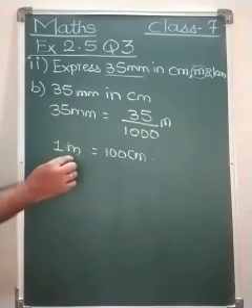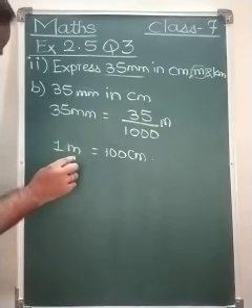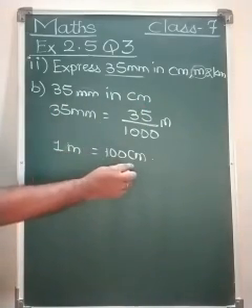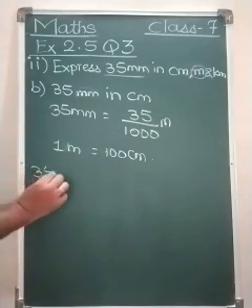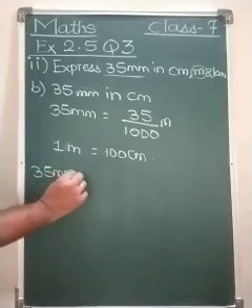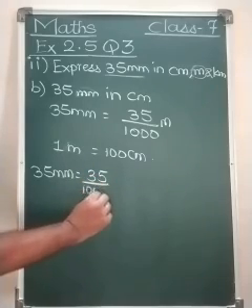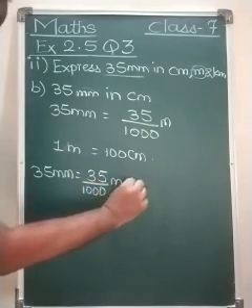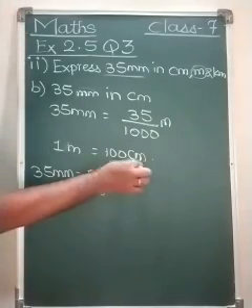Now we are going from, though it is millimeters to centimeters, but now we are going from meters to centimeter. Okay, so again we will write down this. 35 millimeters equals 35 upon 1000 meters equals, now we are going from meter to centimeter.